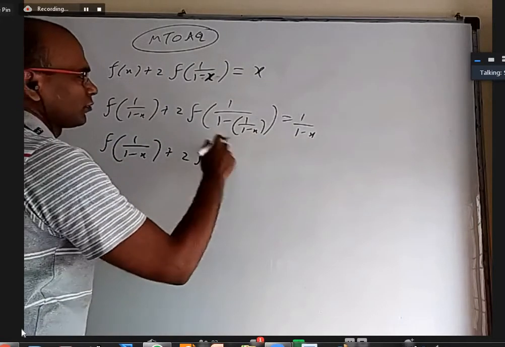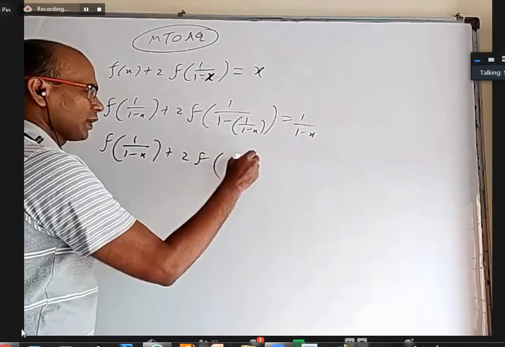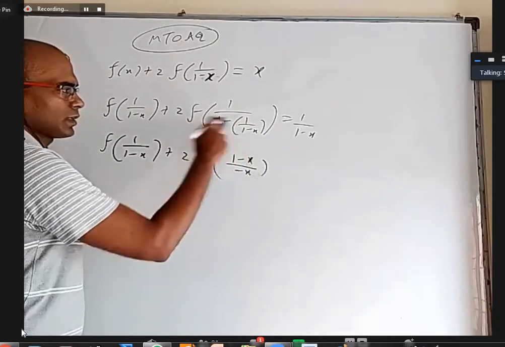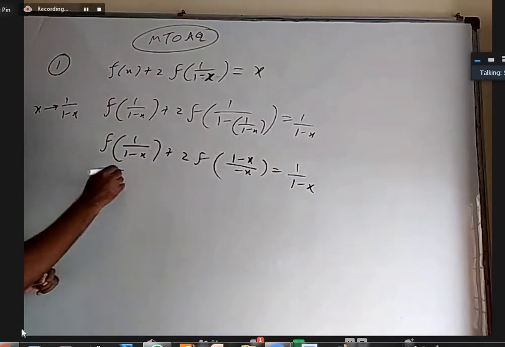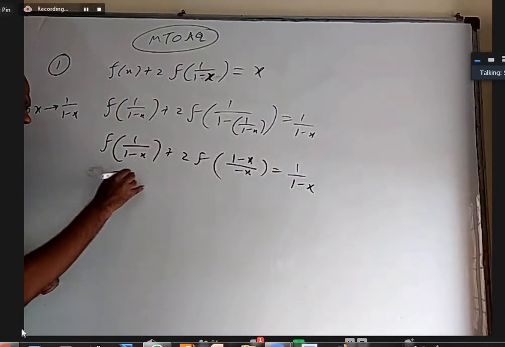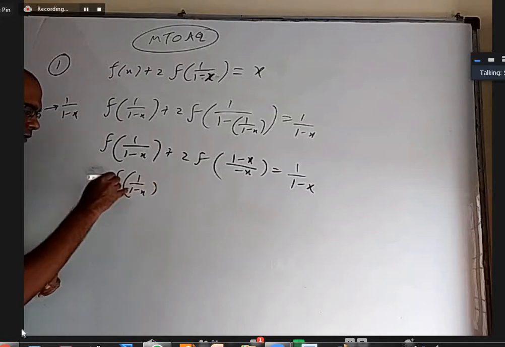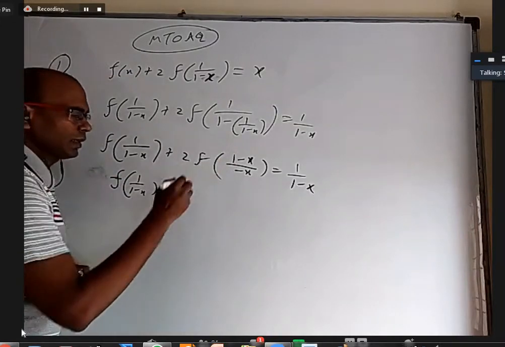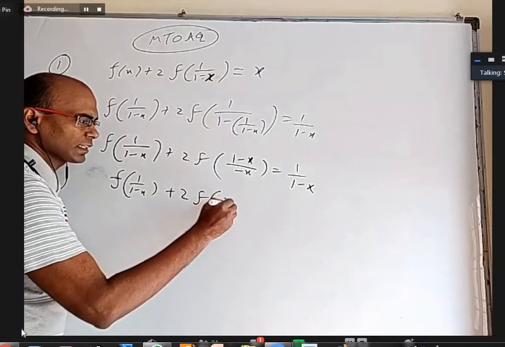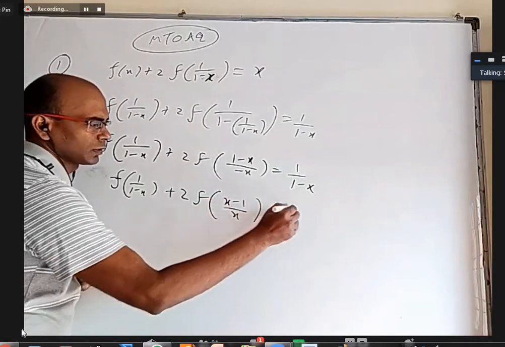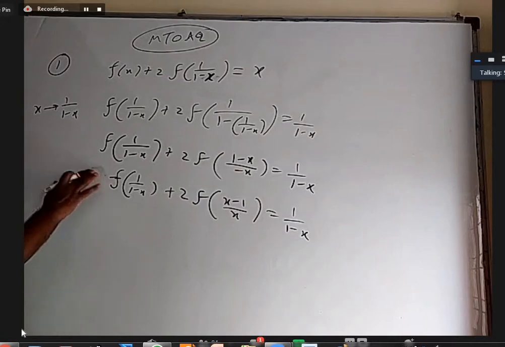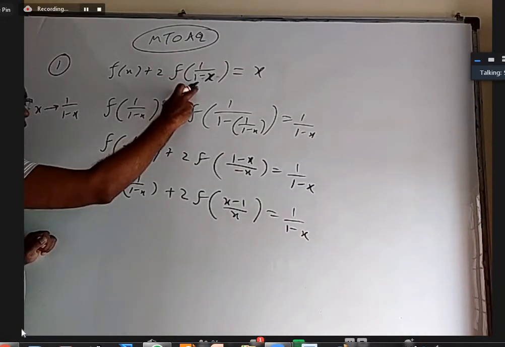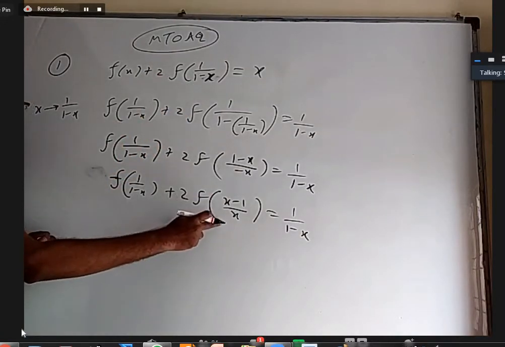This is f((1 - x - 1)/(1 - x)), which is (-x)/(1 - x). Further, I can take minus common. It will be f(1/(1 - x)) + 2f((x - 1)/x) = 1/(1 - x). Okay. So when I kept x, it became 1 - x. When I kept 1 - x, this became (x - 1)/x.